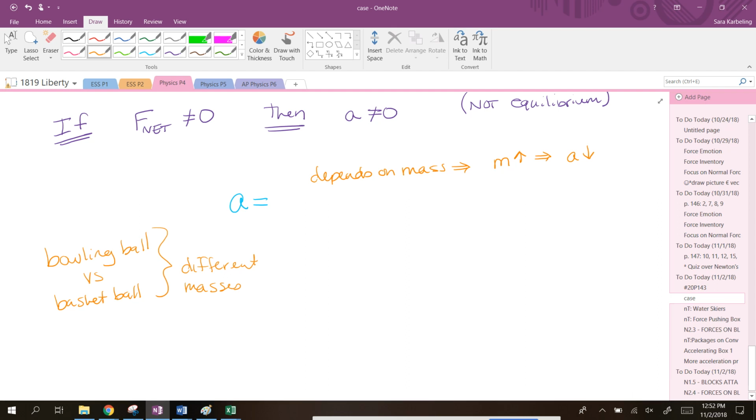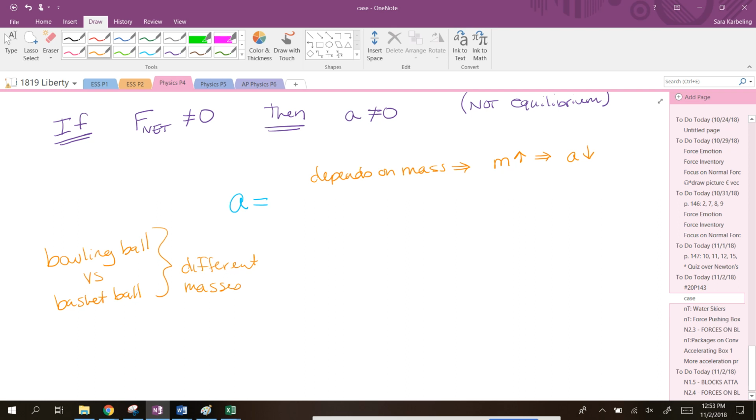Now I want you to imagine you've got a bowling ball and my 3-year-old has a bowling ball, and you're both going to push them. They have the same mass. I imagine that you as a 16-year-old, plus or minus a couple of years, push on it and my 3-year-old pushes on it. Which one's going to accelerate faster? She's not like a superhuman. She's like a 3-year-old. Which one's going to accelerate faster?